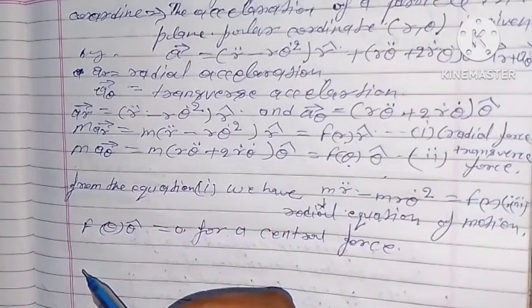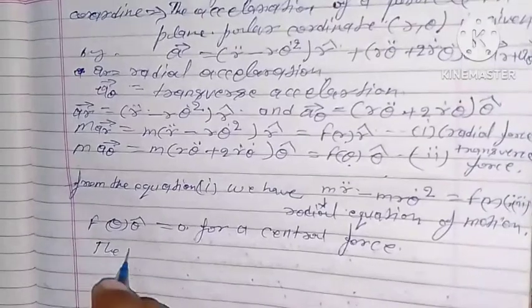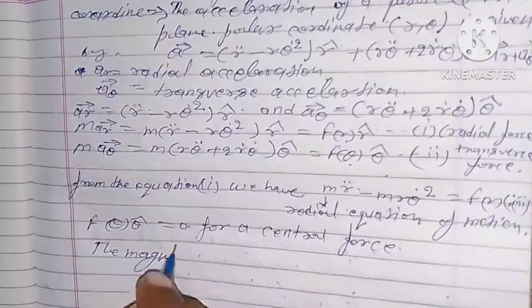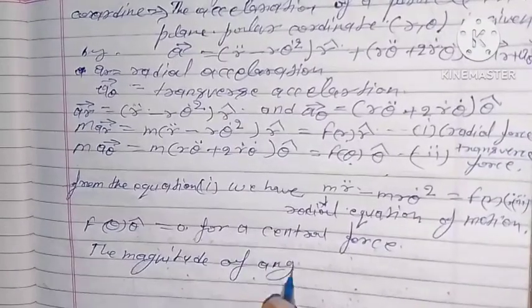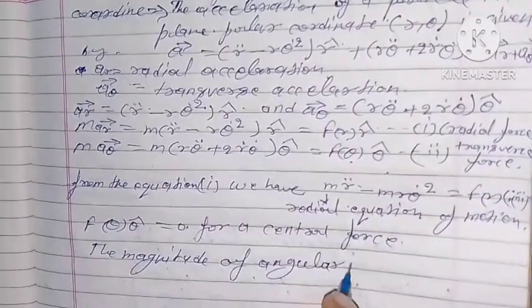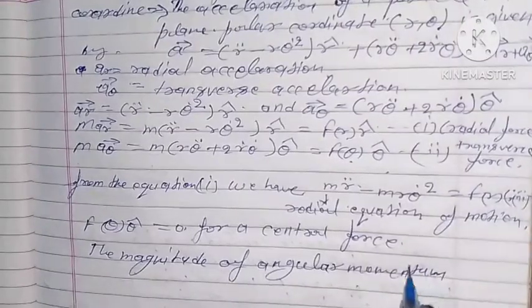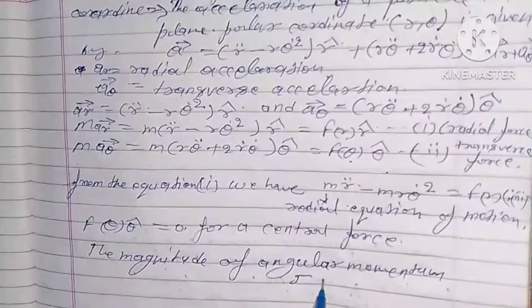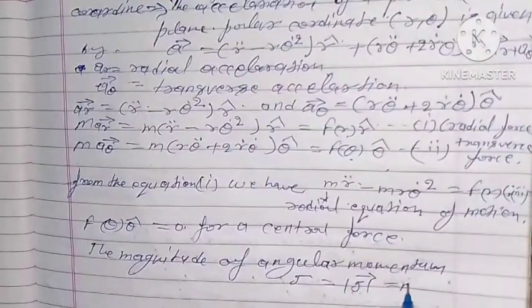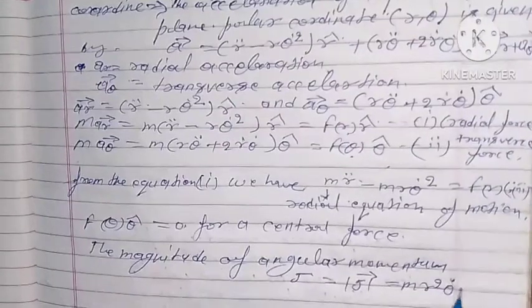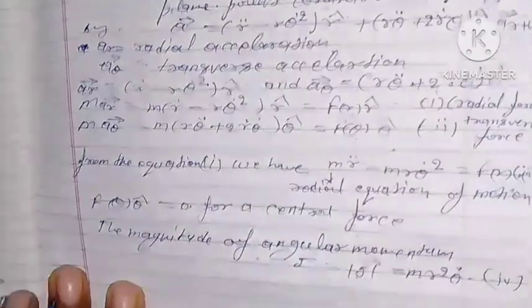The magnitude of angular momentum J equal to mod of J equal to m r square derivative of theta. This is equation number 4.